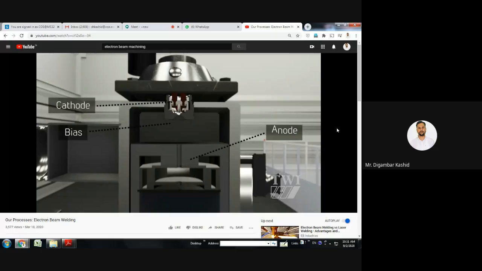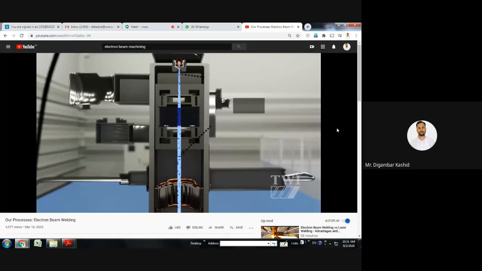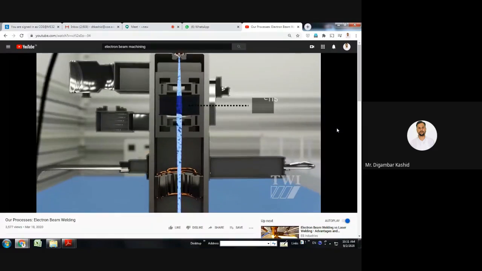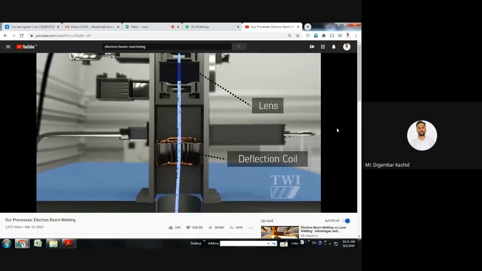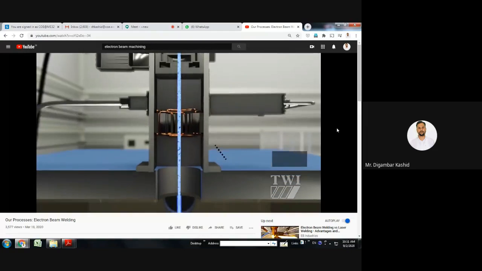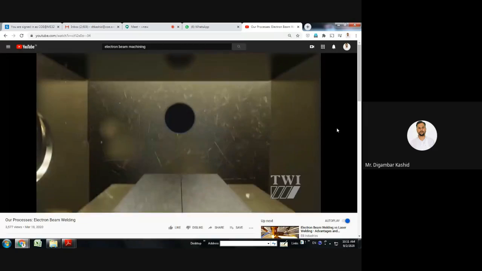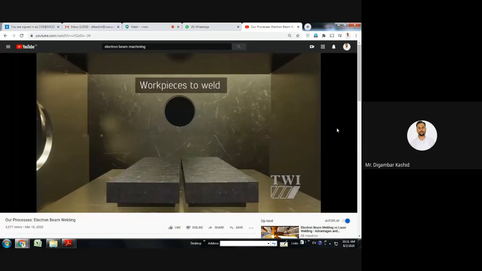So this is your cathode and anode. This is the main part. So this is called your electron gun. See, lens, then deflection coil, and then our workpiece, and to weld that workpiece.